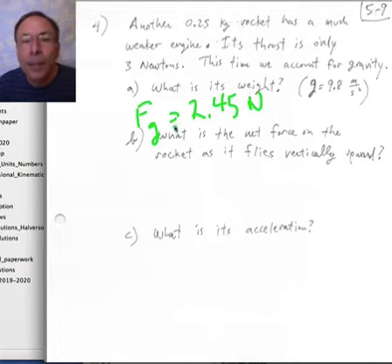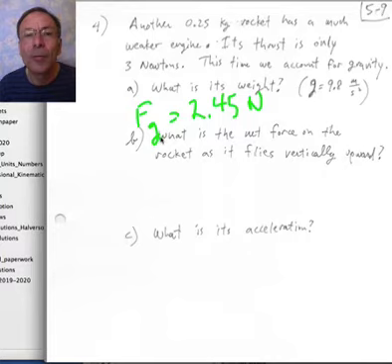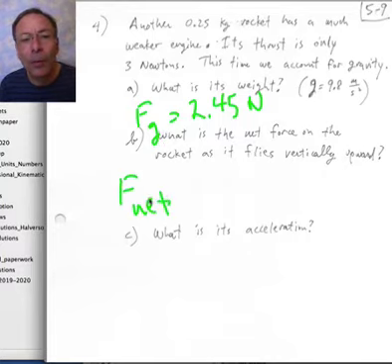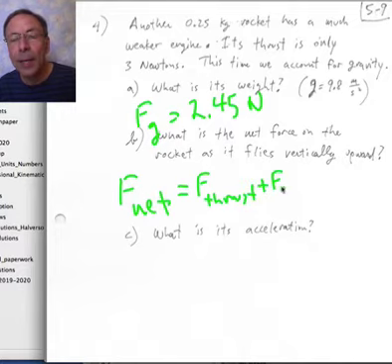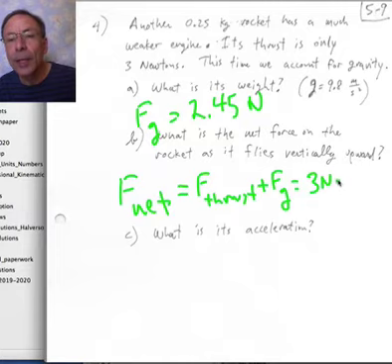newtons. Now, the next question is, what's the net force on the rocket as it flies vertically? Well, the net force is the sum of all the individual forces. There are only 2 of them right now. So we've got the F of the thrust plus the weight, and F sub G. And that's going to be 3 newtons in the upward direction.